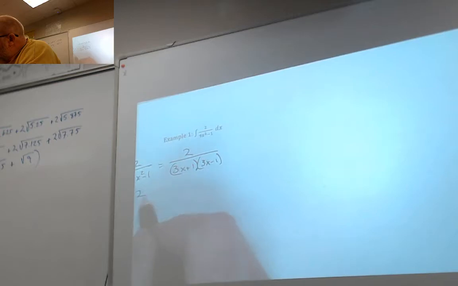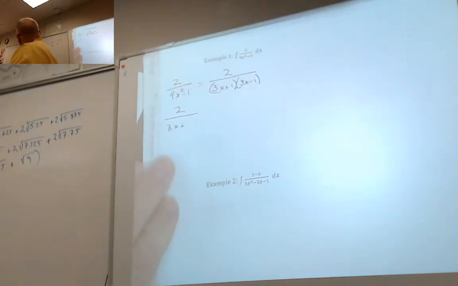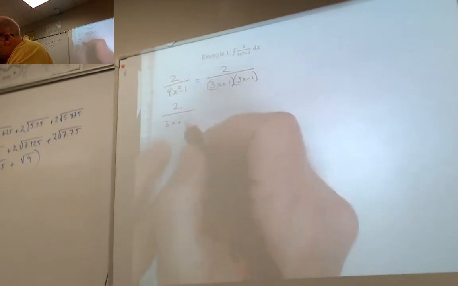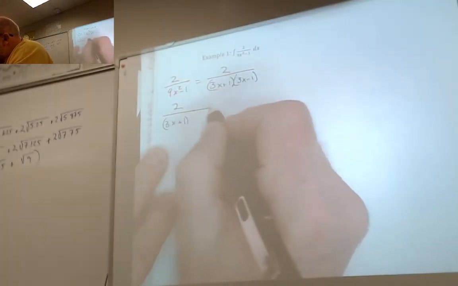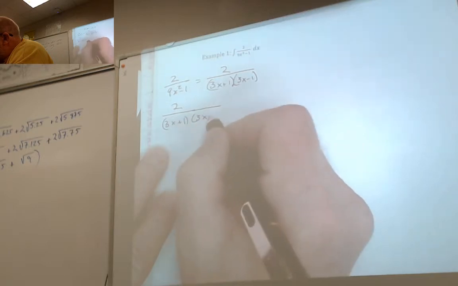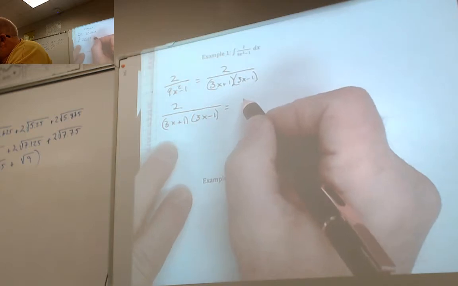So I can say that this rational expression, this way, there, is that better? 3x plus 1 times 3x minus 1, that came from two separate fractions.